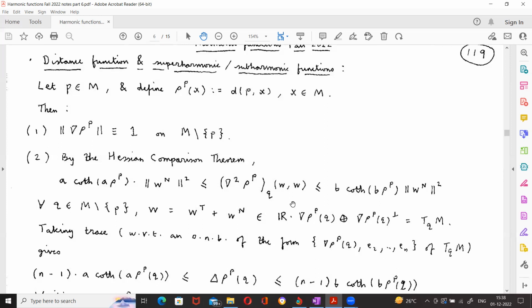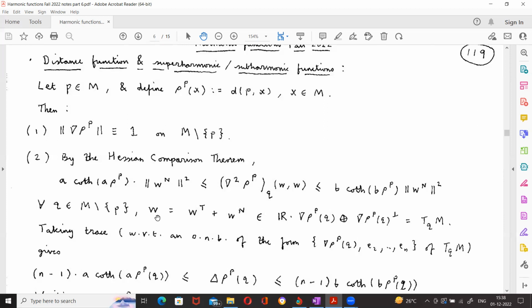where what is this normal component? You take a point Q in M minus P. Then you have the gradient vector of this distance function at Q. That is your radial vector. And the normal component is the component in the orthogonal complement of the gradient vector.